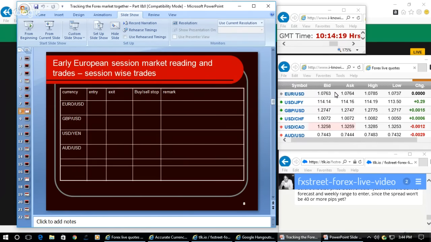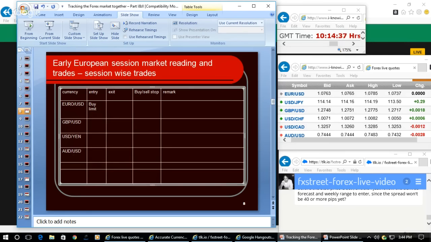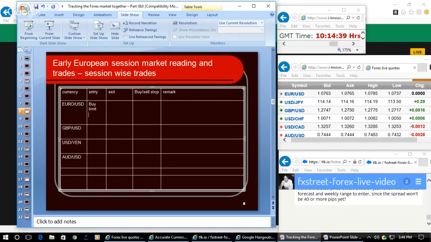So either we can take a sell here and book profit near the low, or instead keep a buy limit order near the low, because in the next session also it is expected to go up. So we'll keep a buy limit.